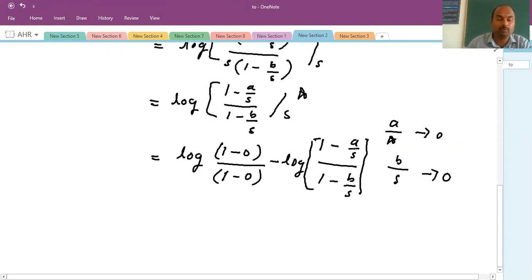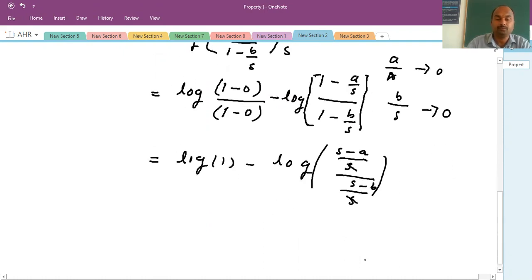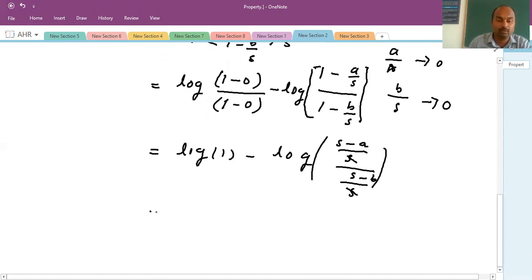So now the first term will be log 1 minus, if you take s as the LCM, it will be (s minus a) by s in the numerator, and denominator also (s minus b) by s. So now this s gets cancelled. So log 1 will be 0 minus log((s minus a) by (s minus b)).